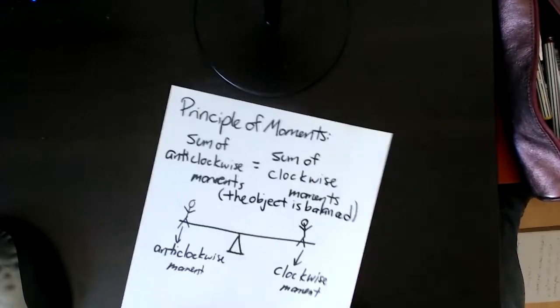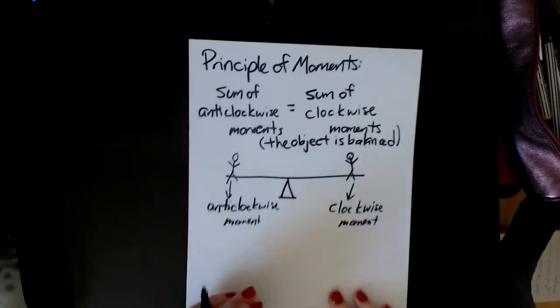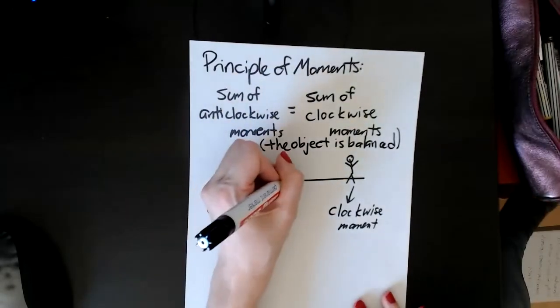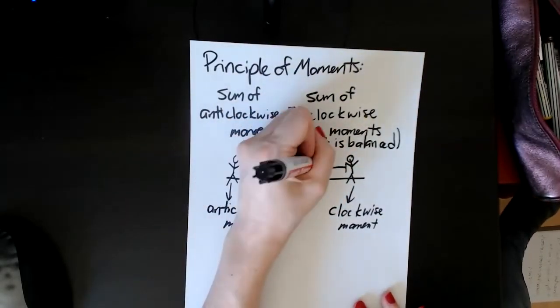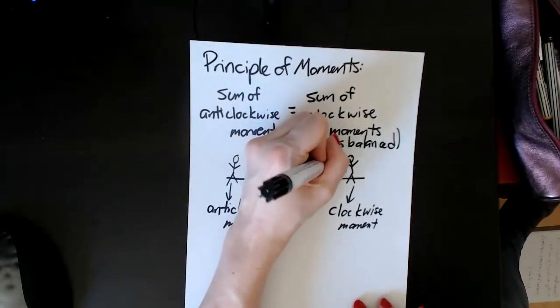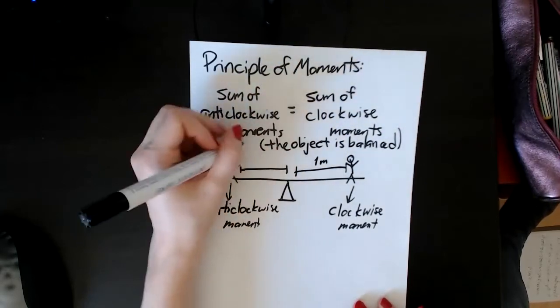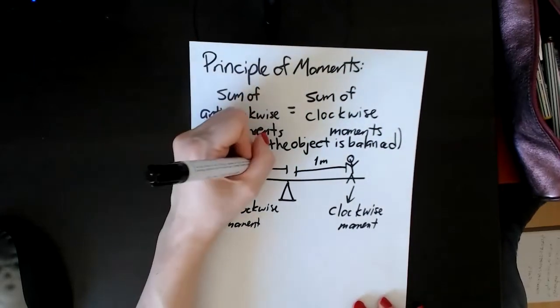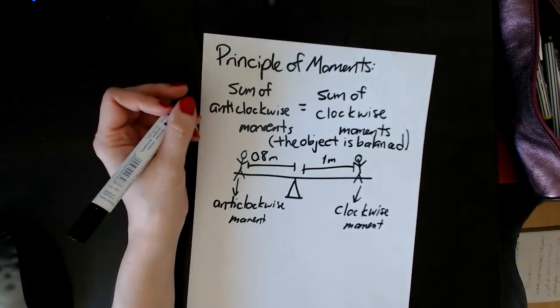Okay, now back to my seesaw example. Let's say that this person looks like they're a little further away. So let's say that this distance is 1 meter, and here it's just 0.8 meters, so 80 centimeters.